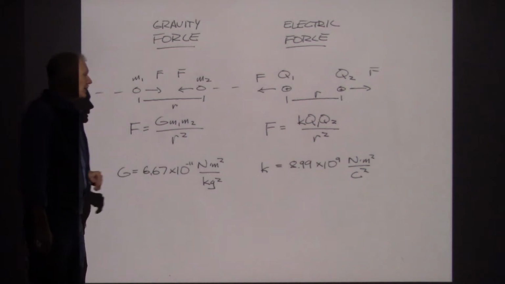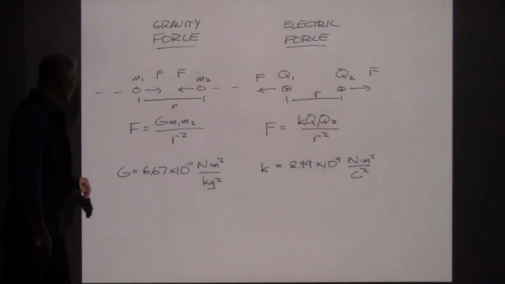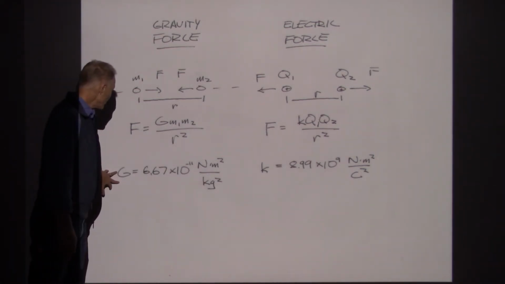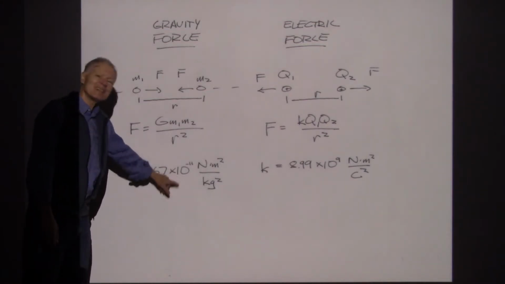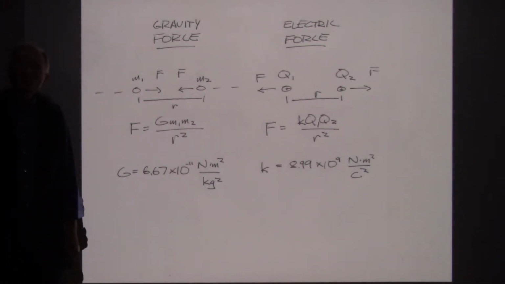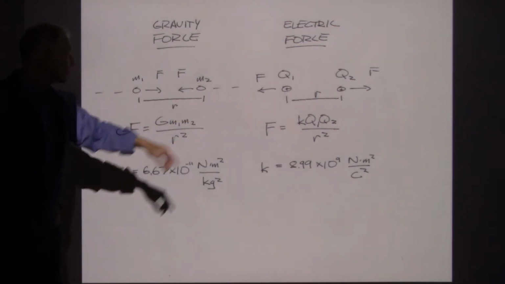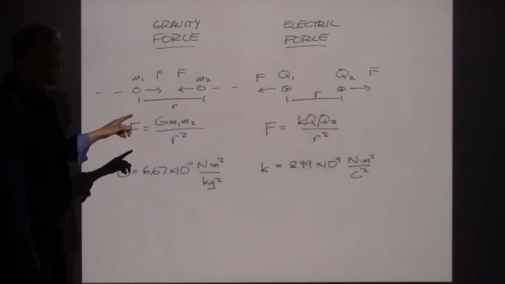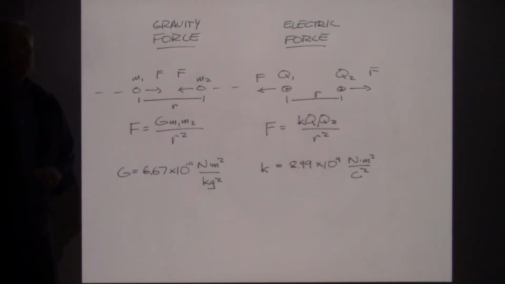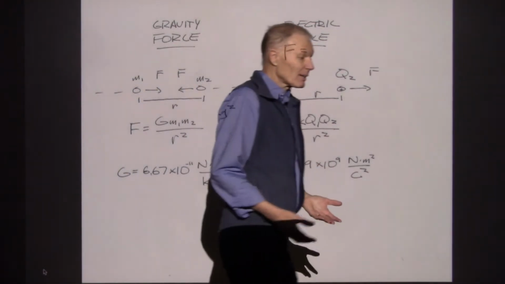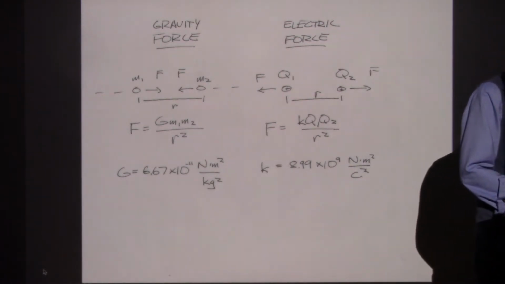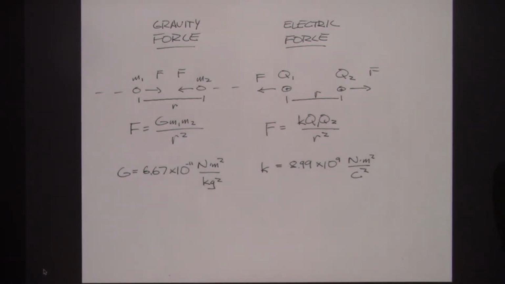That's a billion. 9 billion is the numerical value. For big G, the gravitational force constant, it's 10 to the minus 11. So the force constant for the electric force is 11 plus 9, 20 orders of magnitude, 20 powers of 10 larger than the gravitational force.